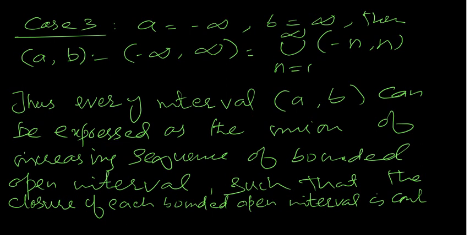Define a function f from the open interval (a, b) to R by f of x equal to the sum over those natural numbers n such that Qn is less than or equal to x, of 1 by 2 power n. This construction is very interesting.